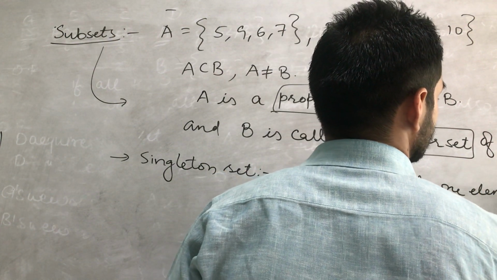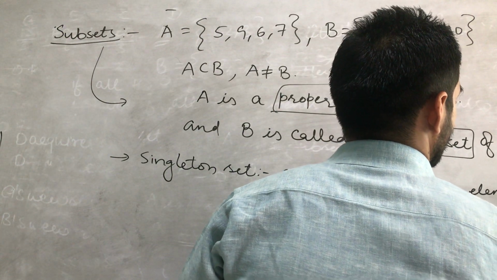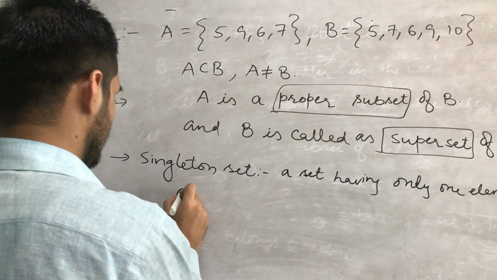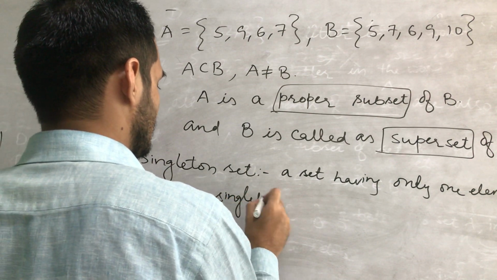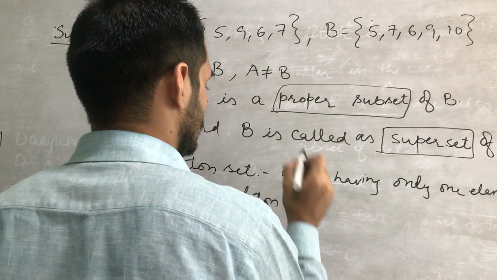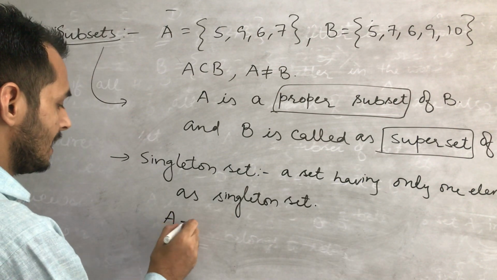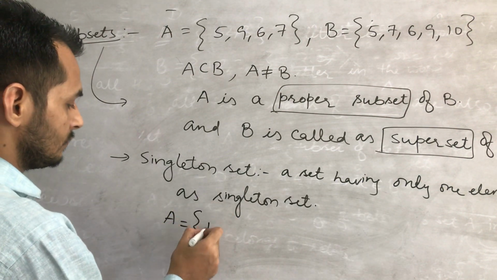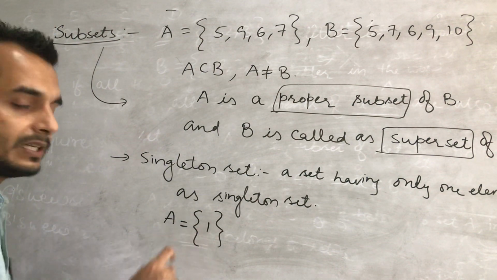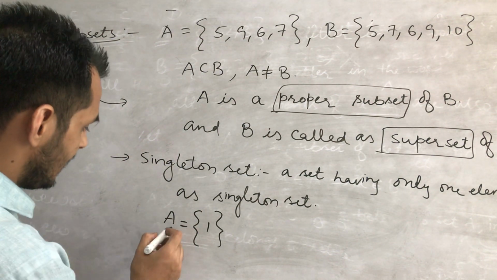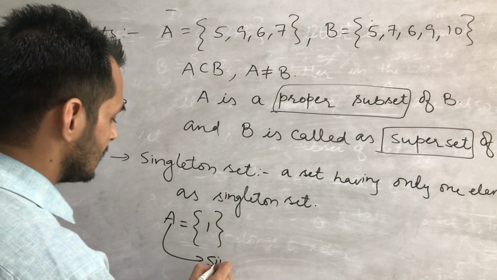For example, I say A equals this. I am having only one element in set A, so this A will be called my singleton set.